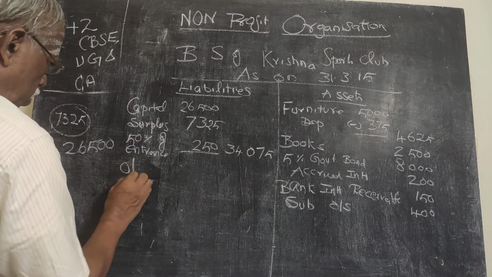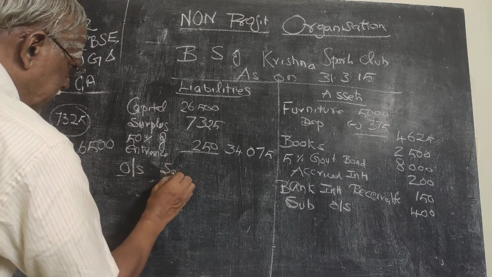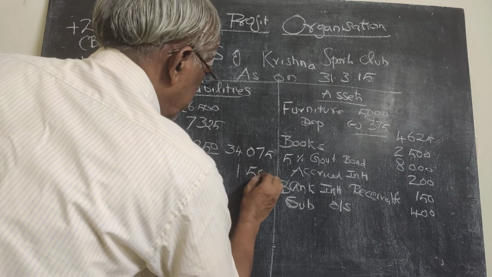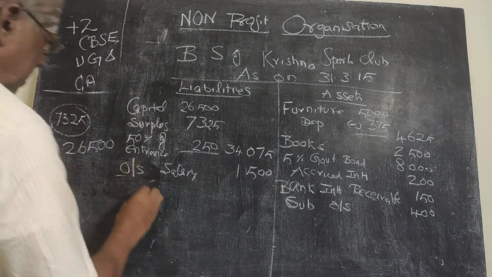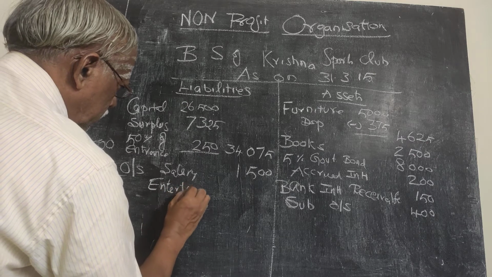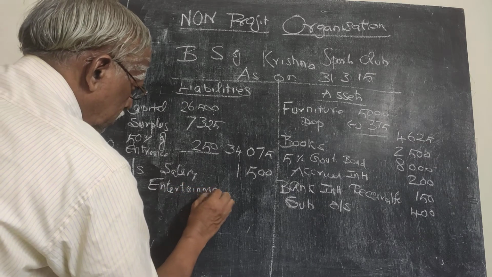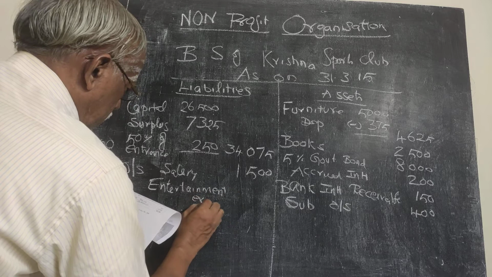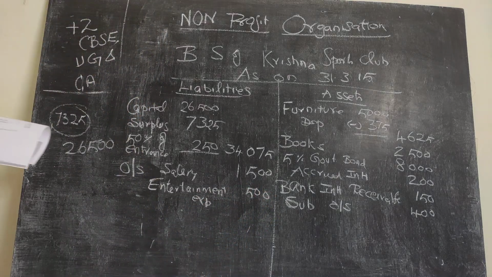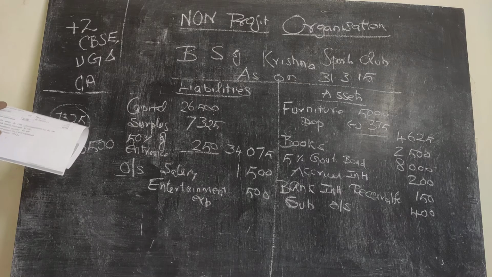Other liabilities, outstanding expenses, outstanding salary 1,500, and outstanding entertainment expenses 500. Receivable, subscription accrued, 50% capitalized.